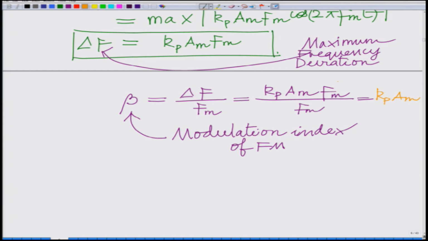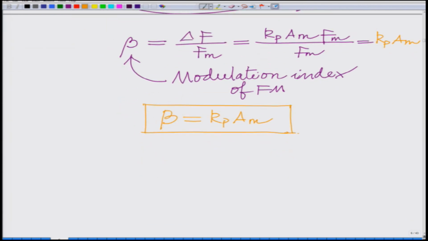Therefore, beta, this is the modulation index, equals k p times a m.